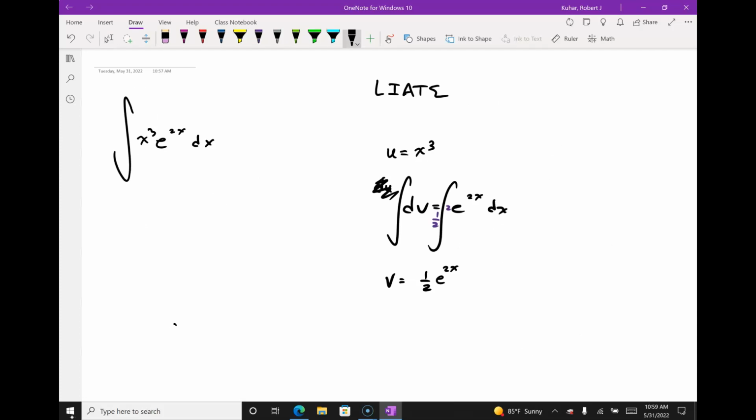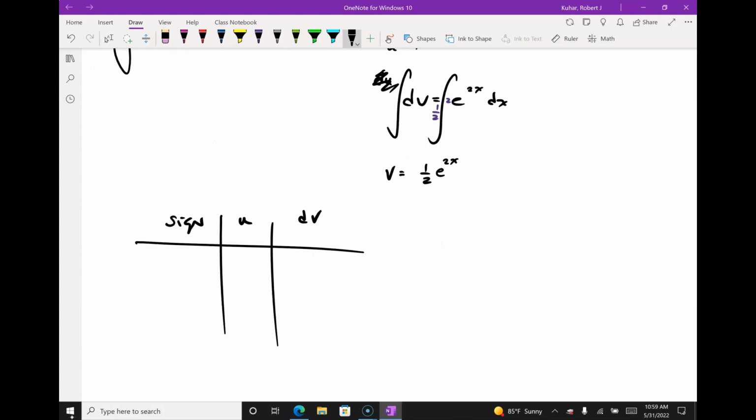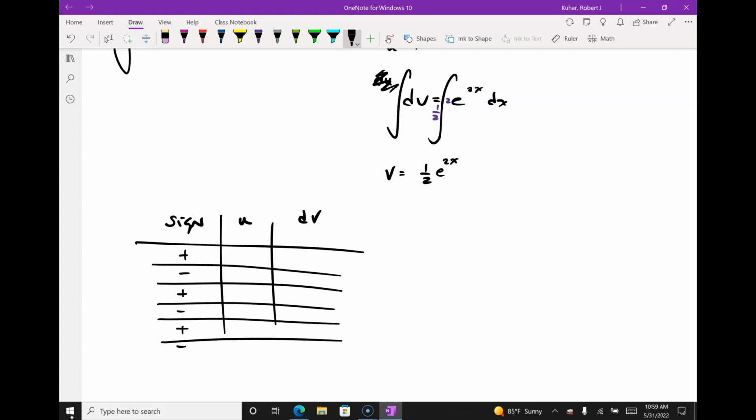So our shortcut, we need a sign, we need a u, we need a dv. For sign, I'm starting positive, negative, positive, negative, positive, negative. For u, I'm starting with my u and I'm differentiating, right? So x cubed, is that right? 3x squared, 6x, 6, and 0. Double check me, please.